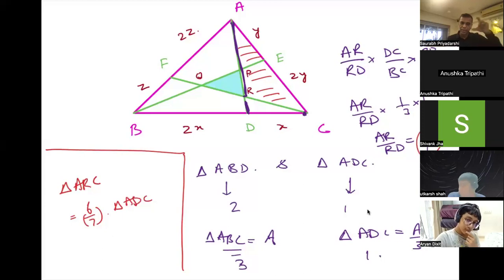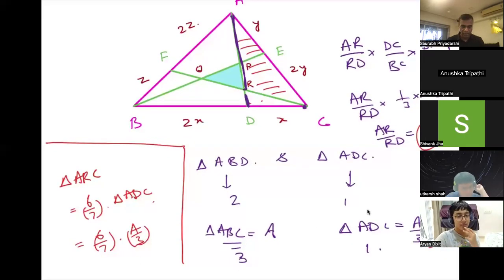So AR by RC, this area is 6 and this is 1. If this is dividing the length in 6:1, then the area will be 6 by 7 part of ADC. And ADC, we have already found that this is A by 3. So this is 6 by 7 into A by 3, that is 6 by 21 of ABC.